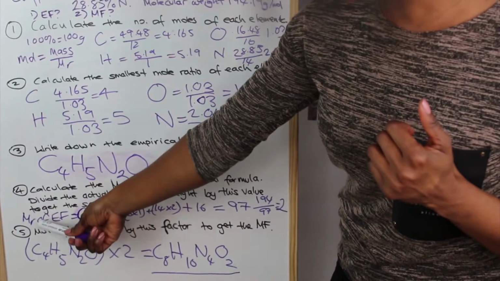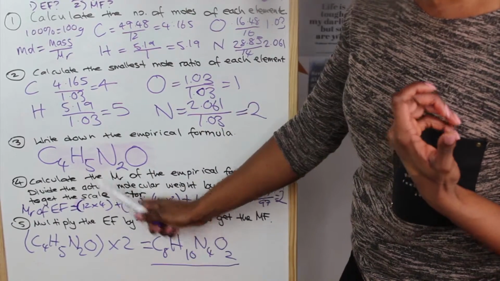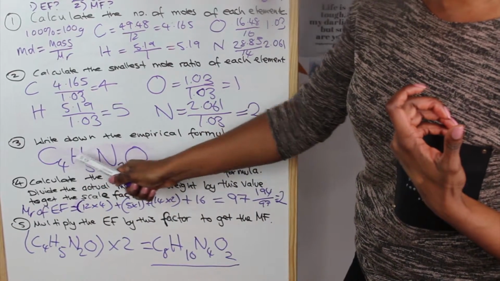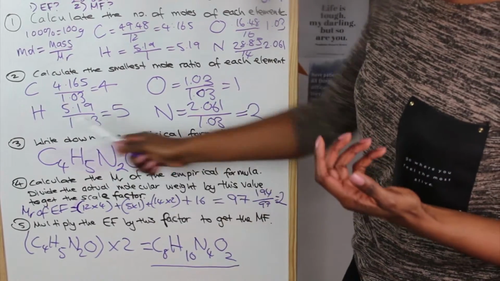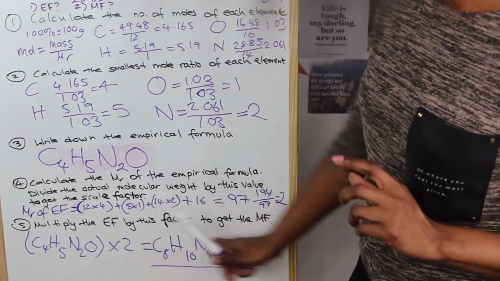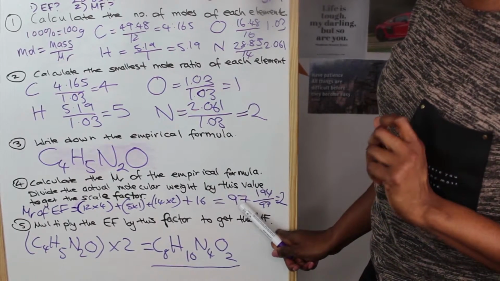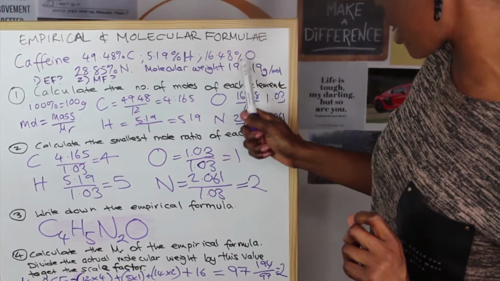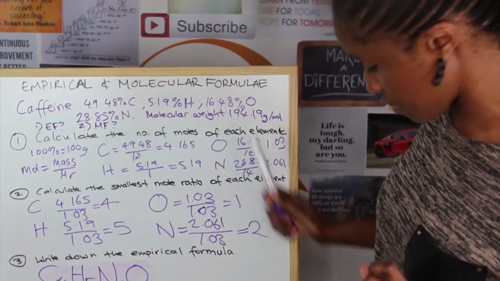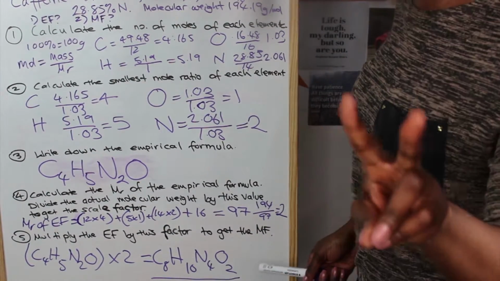If we calculate the molecular weight of the empirical formula by multiplying each of your elements by the number of the particular atoms contained within the empirical formula for caffeine, that gives us a value of 97 grams per mole. If we then take our given molecular weight, 194.19, and divide that by 97, that gives us 2.